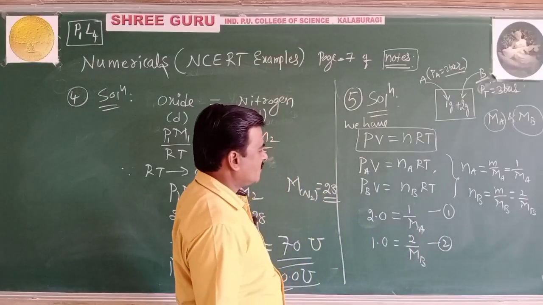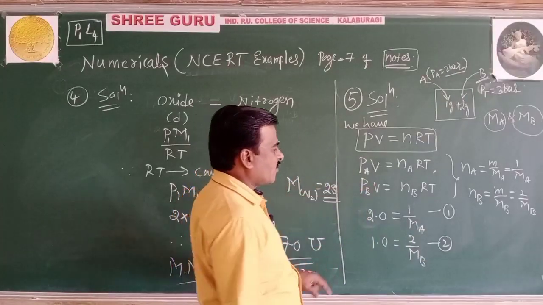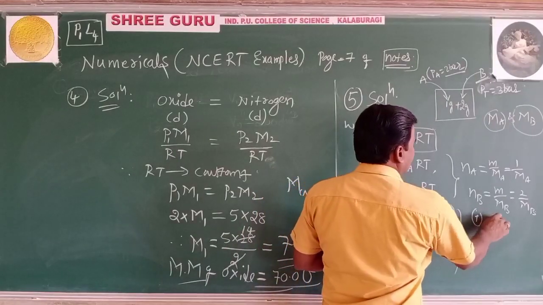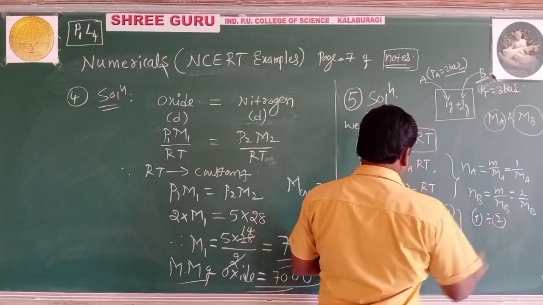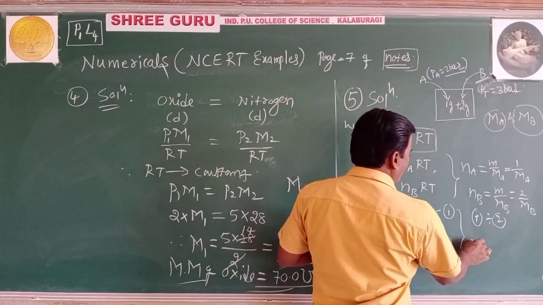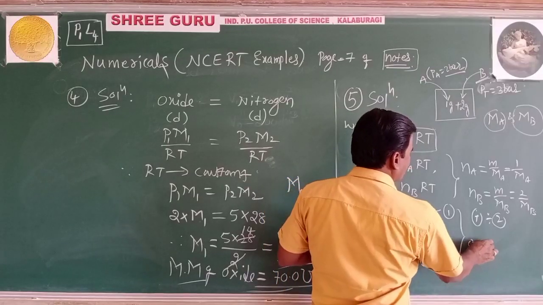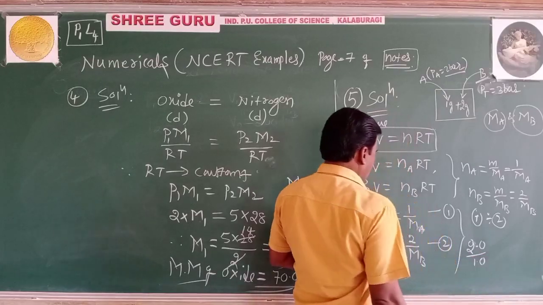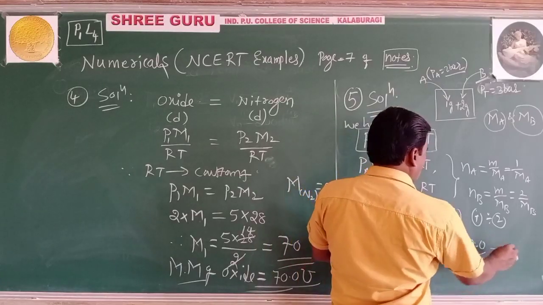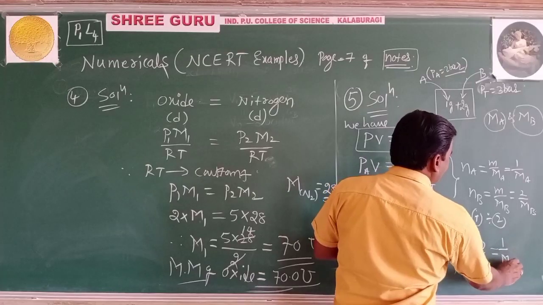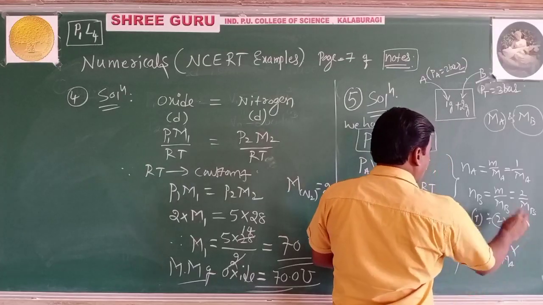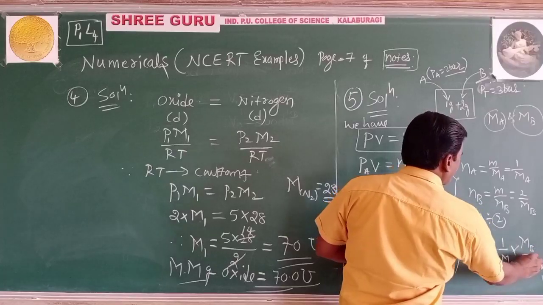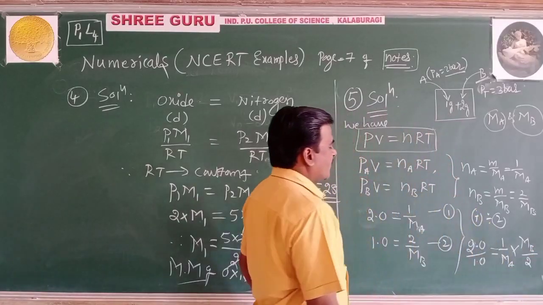Now what to do? Equation 1 by equation 2. 2 by 1 equals 1 by MA into MB by 2. So what do you get here?